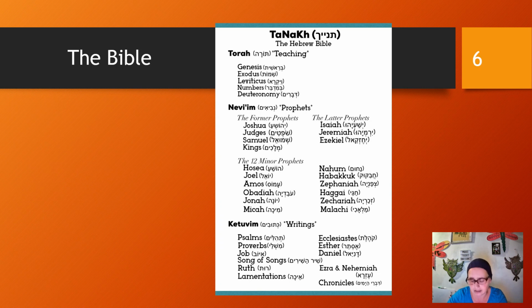consolidate their texts. From about the 5th to 3rd century BCE, these texts, these scrolls, pretty much just circulated as separate books. And aside from probably the Torah, there was no set canon. It was very fluid.